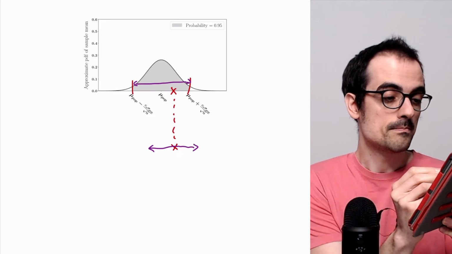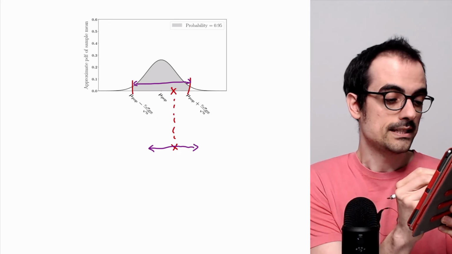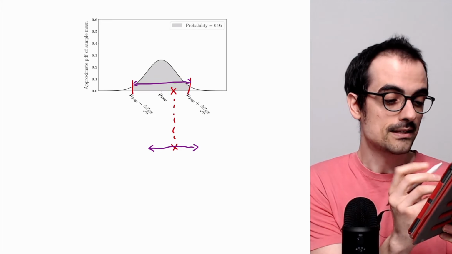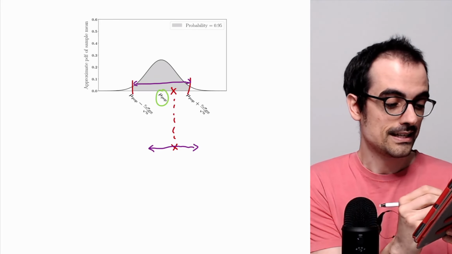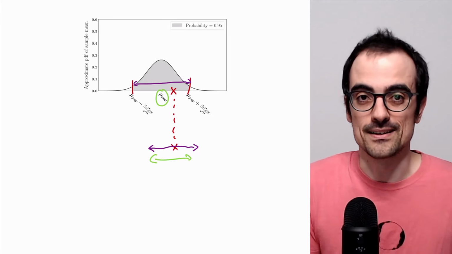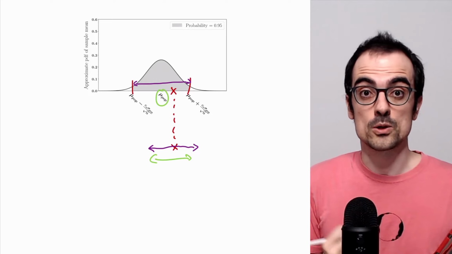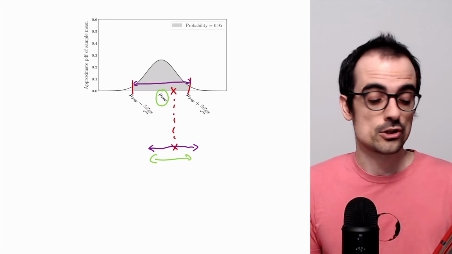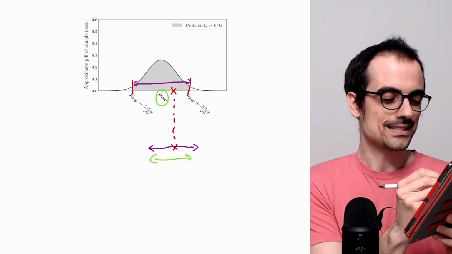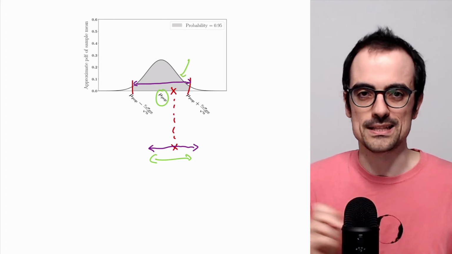And basically, if the sample mean is in the interval around the population mean with probability 0.95, that immediately implies that the population mean is in the interval around the sample mean with probability 0.95. That's the insight behind confidence intervals based on this Gaussian assumption. Of course, the key question here is, how do we estimate this width? It doesn't seem completely obvious.